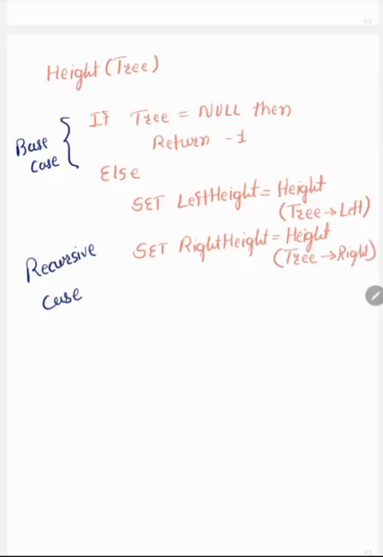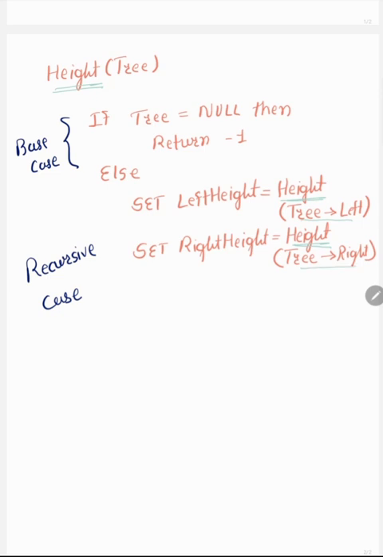So in this case, this is my function height. I'm calling the same function height over here, but with different parameters. Here the left side will go as a parameter, here the right side will go as the parameter.